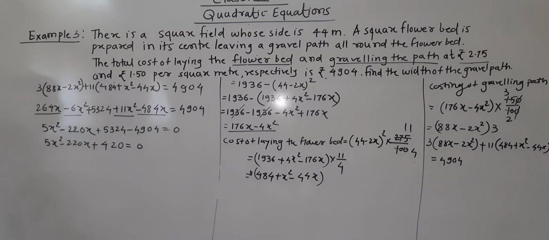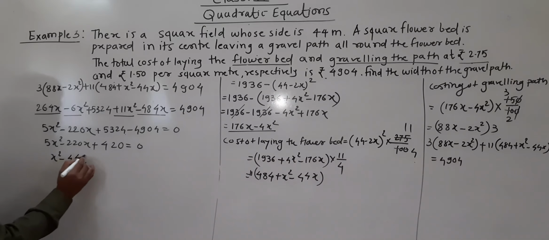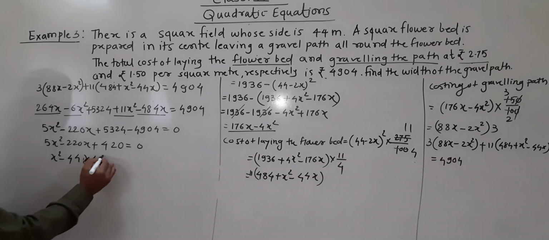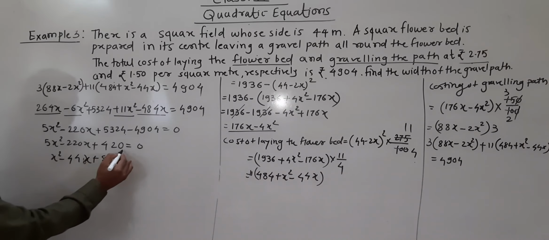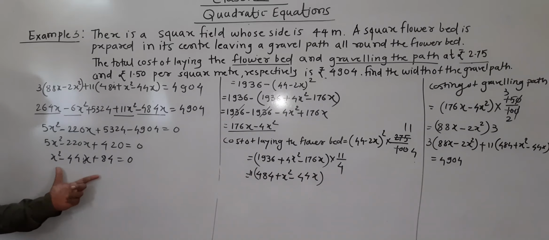So now we have a quadratic equation. All the three terms are divisible by 5, so we can do that. x square minus 5 4s are 20, 2 remain, 44x plus 5 8s are 40, 2 remain, 5 4s are 20, 84. Okay, so now we need to factorize this.